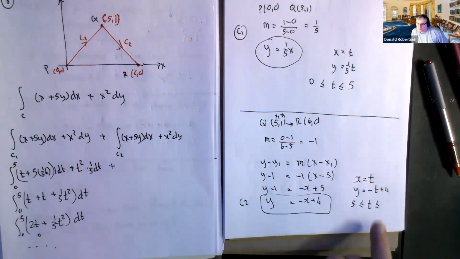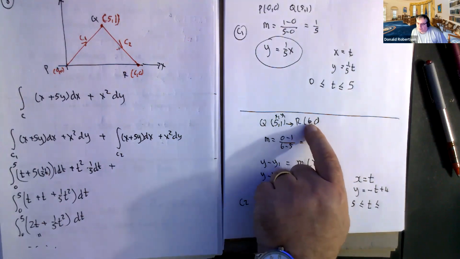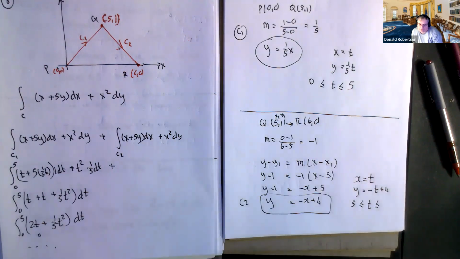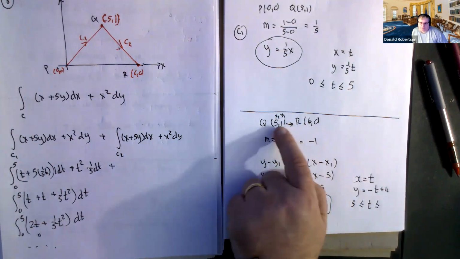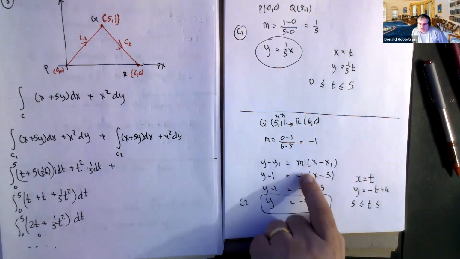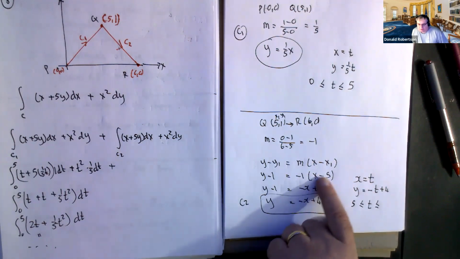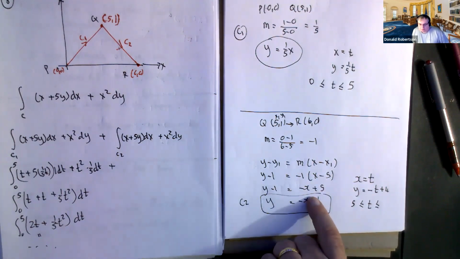What value of t will I need to finish up at (6, 0)? Hopefully, did I get that right? Let me check that. Negative 1, 1. Okay, negative 1 here, negative x. Okay, negative 5. Add 1.